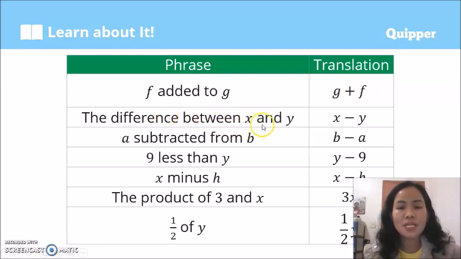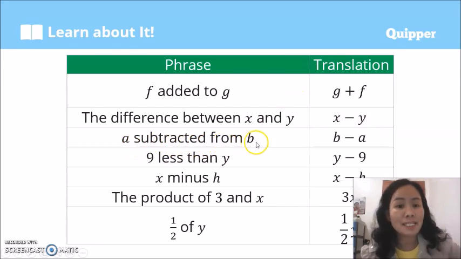The difference between x and y. So, difference, minus. So, that's x minus y. Pero pag sinabi, a subtracted from b. Take note of the word from. Okay? Subtracted from. So, ibig sabihin magmula kay o nagmumula kay b. Okay? From b. So, that's b minus a. So, hindi pwedeng a minus b, ha?